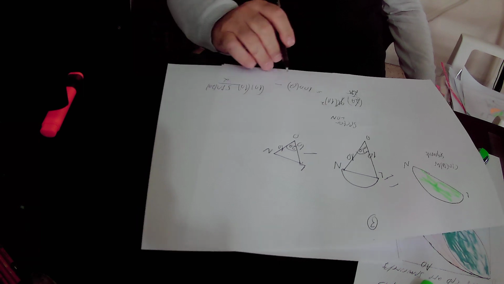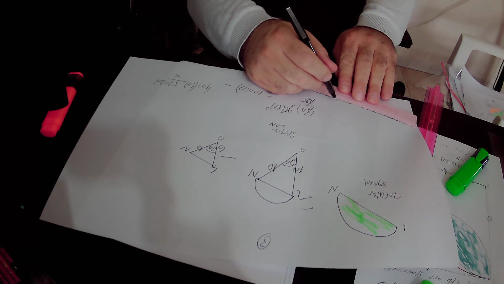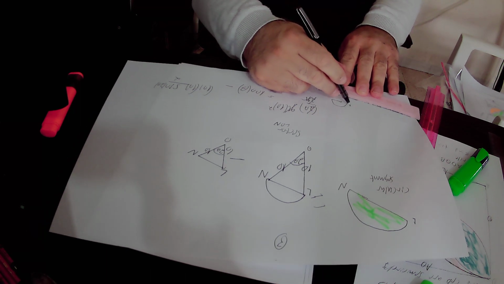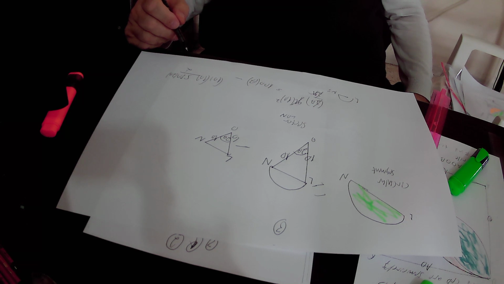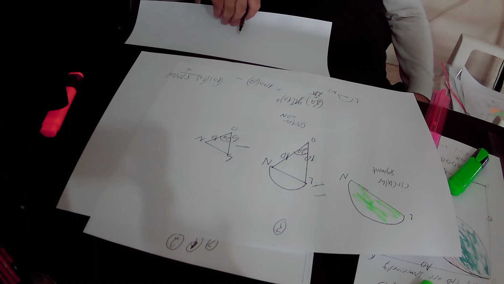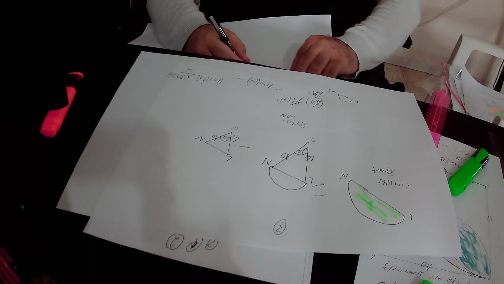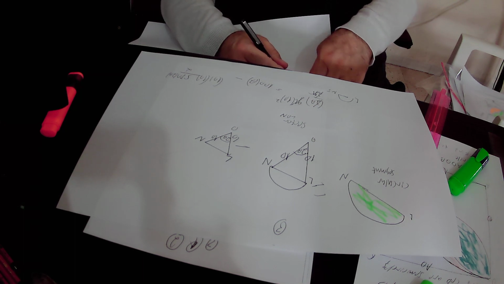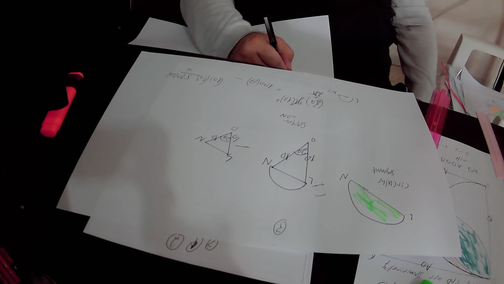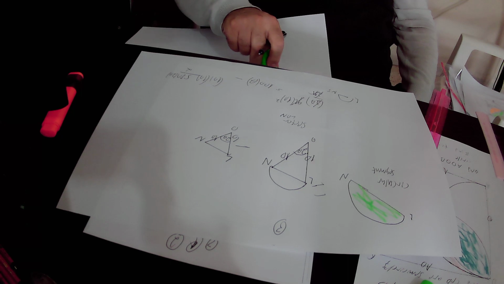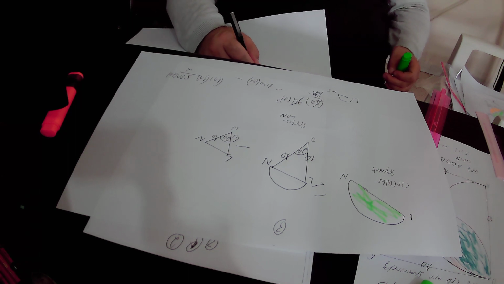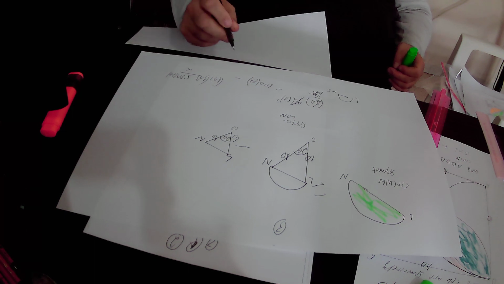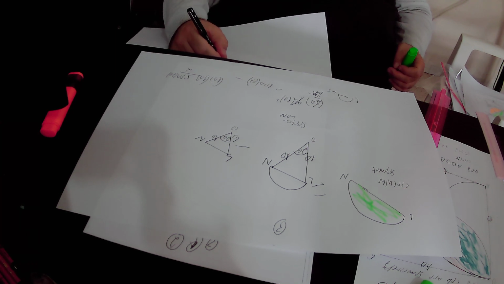So in conclusion, we found that the area of circular segment LN equals 100 times theta minus 10 times 10 is 100, and 100 over 2 is 50, so it is 50 times sine 2 theta.